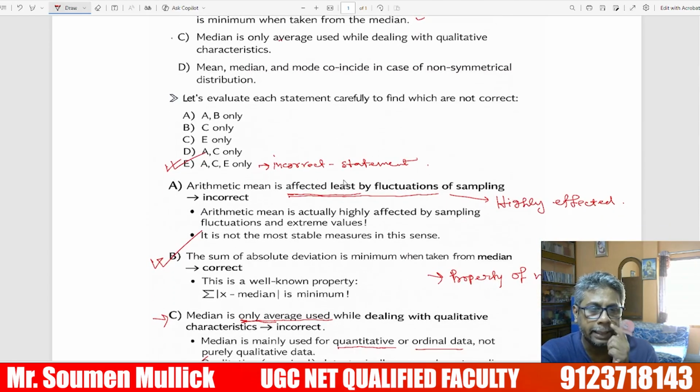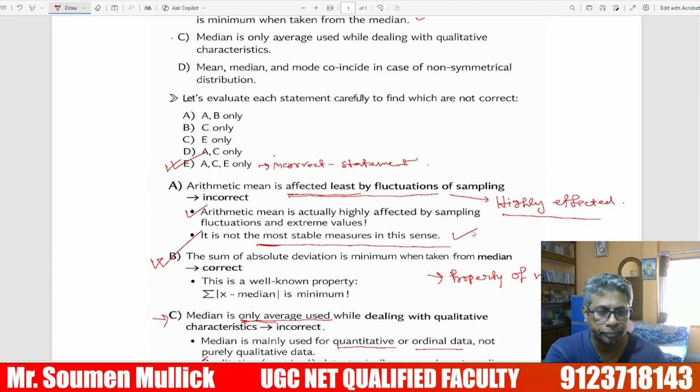First statement: arithmetic mean is affected least by fluctuation of sampling. This statement is incorrect because the arithmetic mean is actually highly affected by sampling fluctuation and extreme values, and it is not the most stable measure.